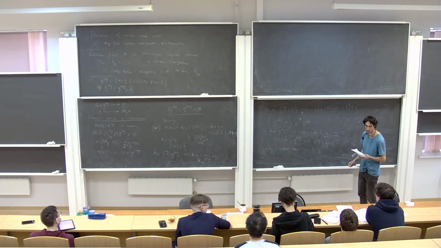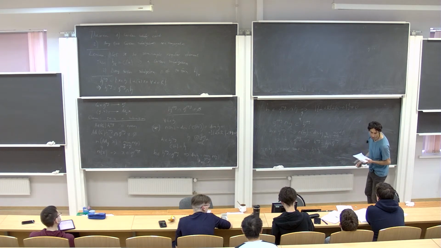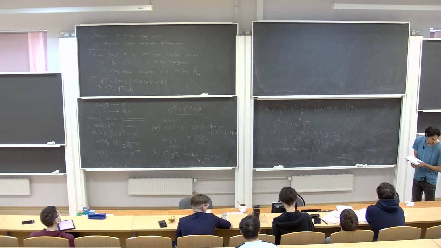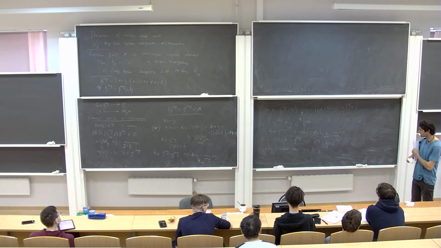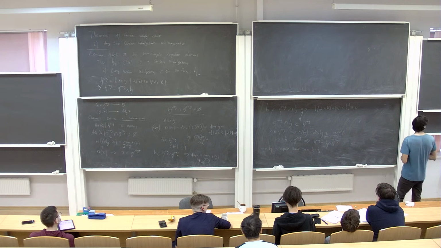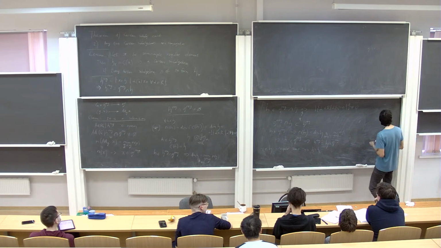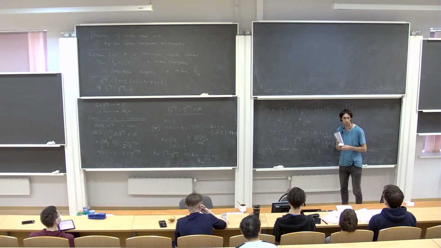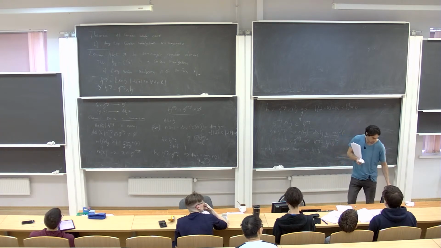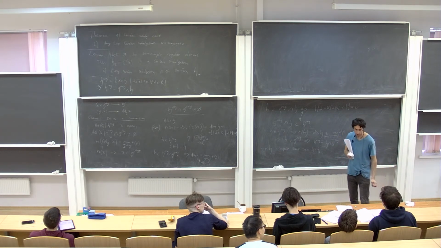So you claim that Cartan subalgebras cannot intersect. That's strange. Why do I claim this? They can intersect, but only by non-regular elements.